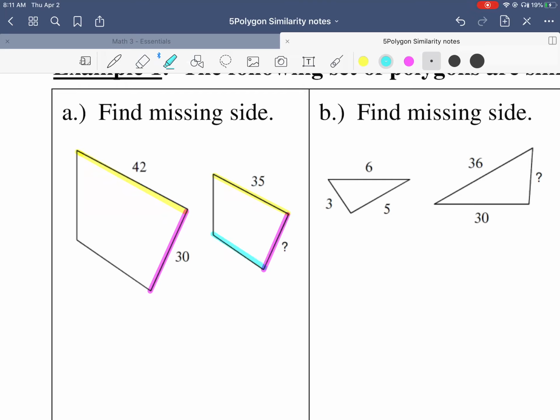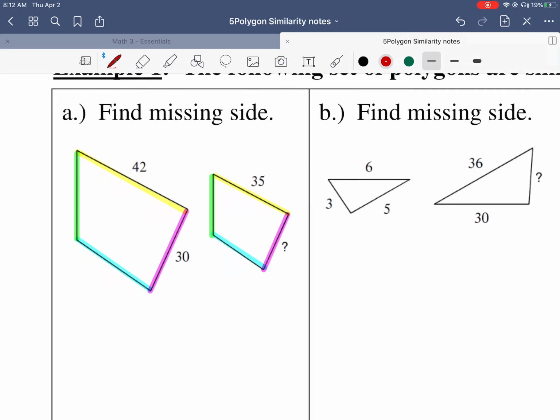This bottom side are in the same spot. And of course, that leaves these two in the same spot. So if I were to compare any of them, they should all have the same ratio: 35 over 42, the pink question mark over 30, the smaller blue over the larger blue. They should all have the same ratio.